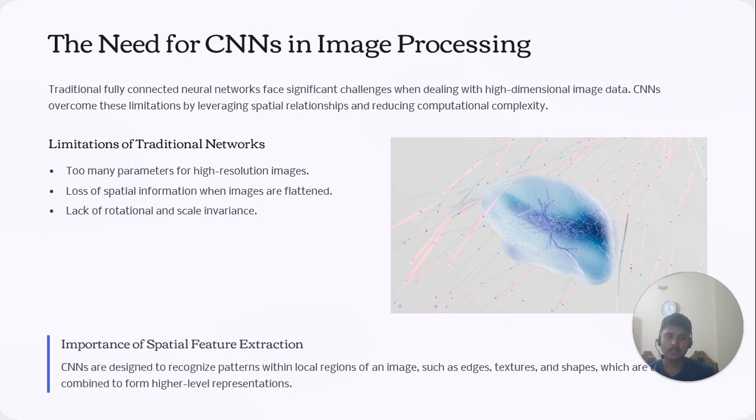So convolutional neural networks solve these issues by leveraging spatial structure, such as small filters that scan the image to detect edges, textures, and simple shapes, whereas deeper layers combine these into high-level features. Using this approach basically preserves spatial information. It also reduces computational complexity and makes models far more effective for image tasks.